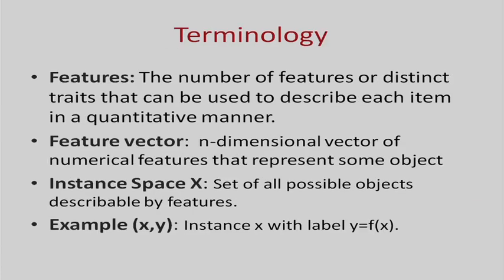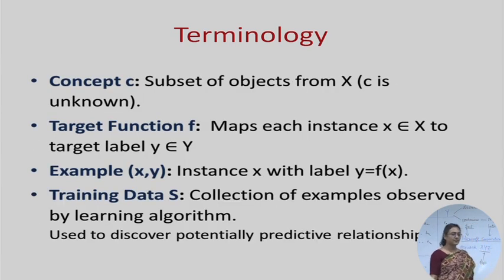So, if we just look at the basic terminology, we have some features which are distinct traits or attributes that are used to describe each instance, and this set of features comprises the feature vector. The instance space is the set of possible objects that you can describe by the features, and each example has the value of the input and the value of the output.